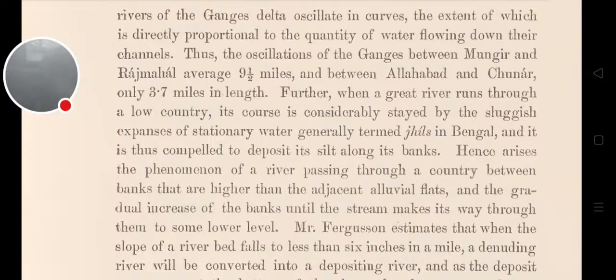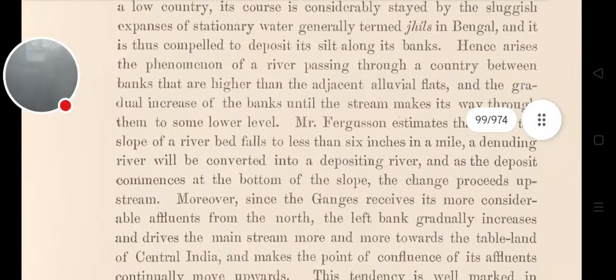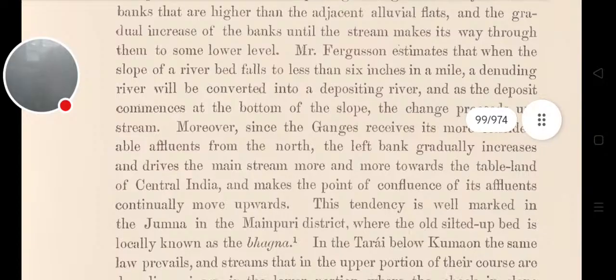Hence arises the phenomenon of a river passing through a country between banks that are higher than the adjacent alluvial flats, and the gradual increase of the banks until the stream makes its way through them to some lower level. Mr. Ferguson estimates that when the slope of a riverbed falls to less than 6 inches in a mile, a denuding river will be converted into a depositing river, and as the deposit commences at the bottom of the slope, the change proceeds upstream.